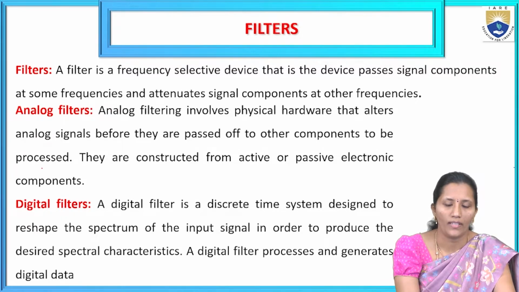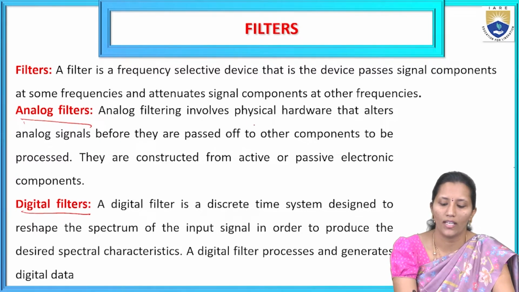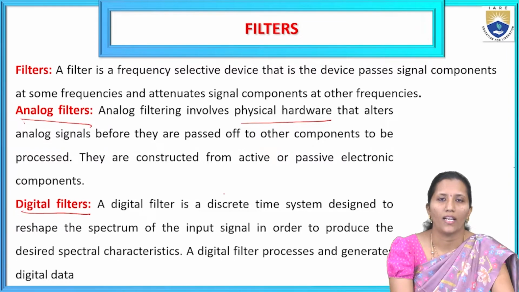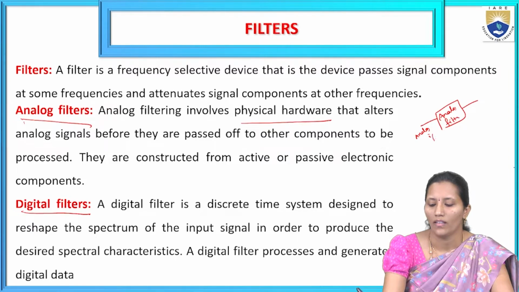Filters are of two types, analog filters and digital filters. Analog filtering involves physical hardware that alters the analog signals before they are passed off to other components to be processed. Analog filters are constructed from active or passive electronic components. For an analog filter, the input is a continuous signal and the output is also a continuous signal.